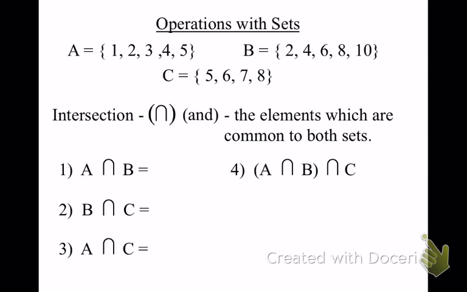So when I say A intersecting B, what is the commonality between A and B? And notice, because it's got this symbol, it means intersection. So A intersection B, what is the commonality? Yeah, 4. Okay. So A and B, 4 is in common.